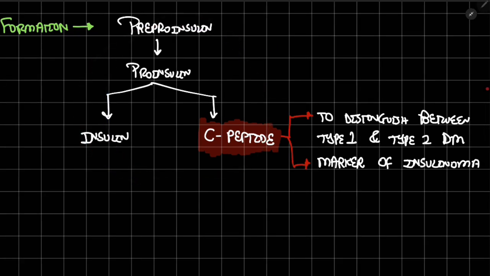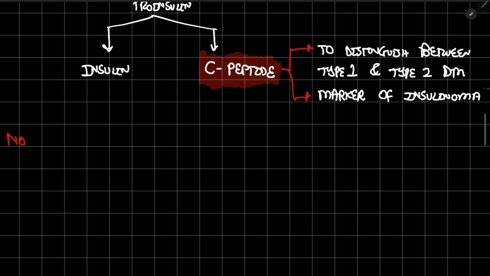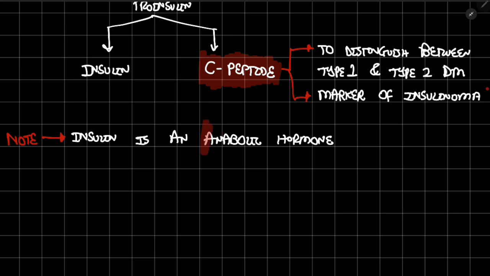Now one very important point to note, and this is one of the keywords which will help you remember many of the things: insulin is an anabolic hormone. What is meant by anabolic?